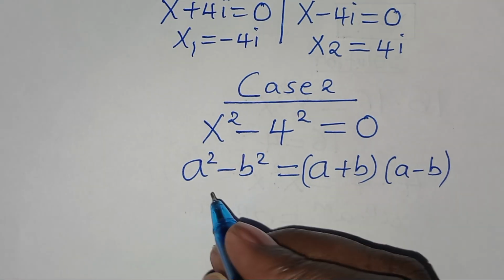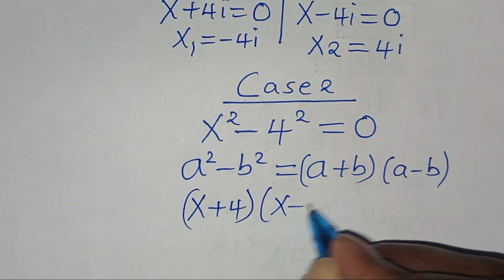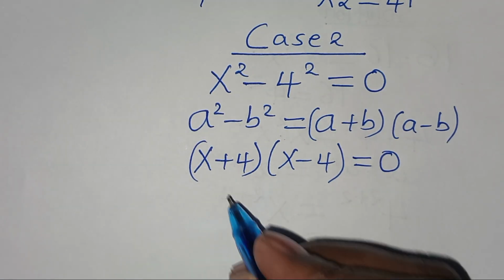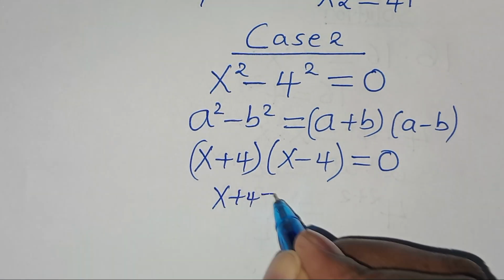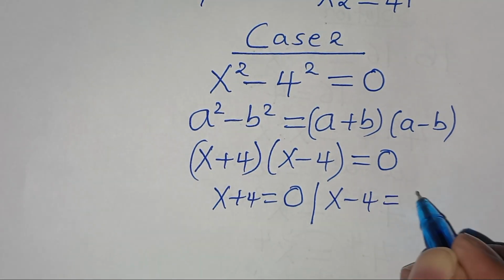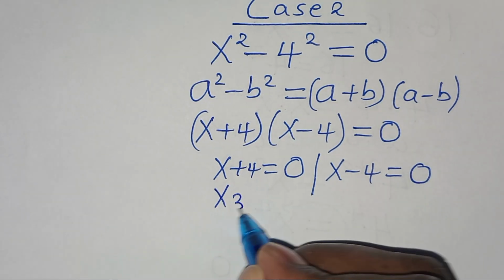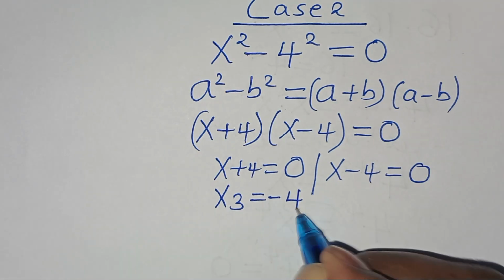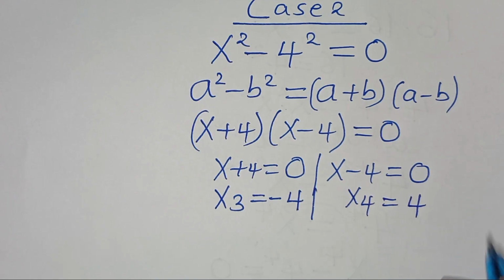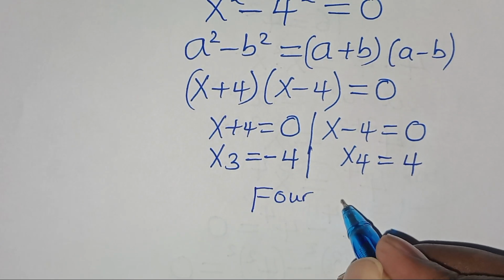So this implies that we have x plus 4 multiplied by x minus 4, equal to 0. So x plus 4 equals 0, and x minus 4 equals 0. So this implies that x3 is equal to minus 4, and x4 is equal to 4. So we have 4 solutions here.